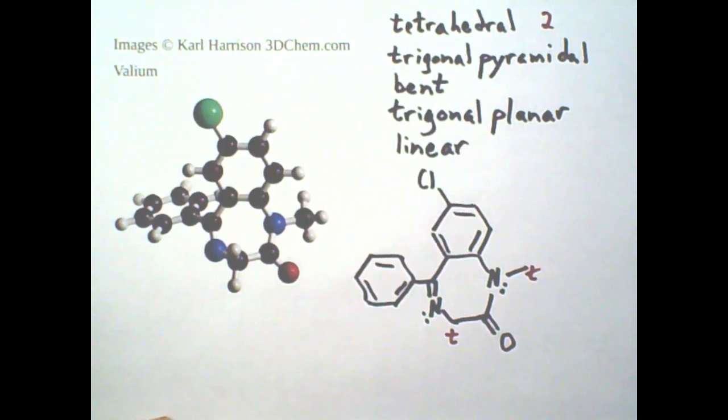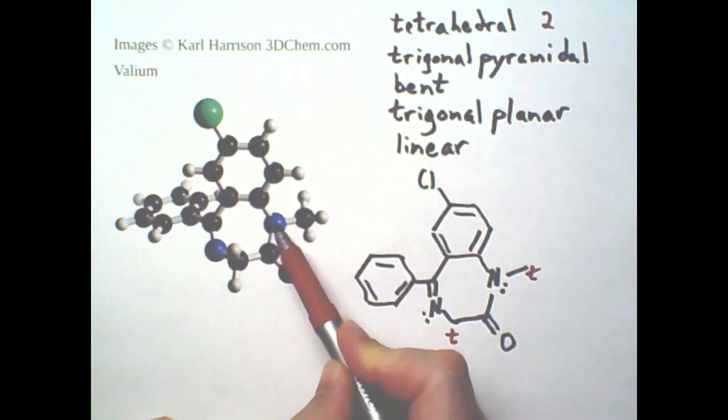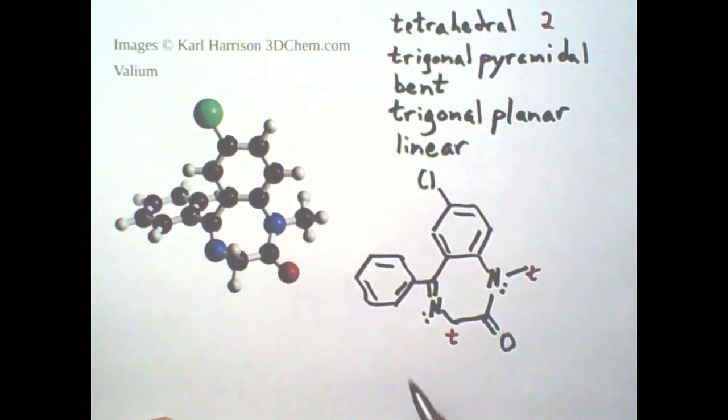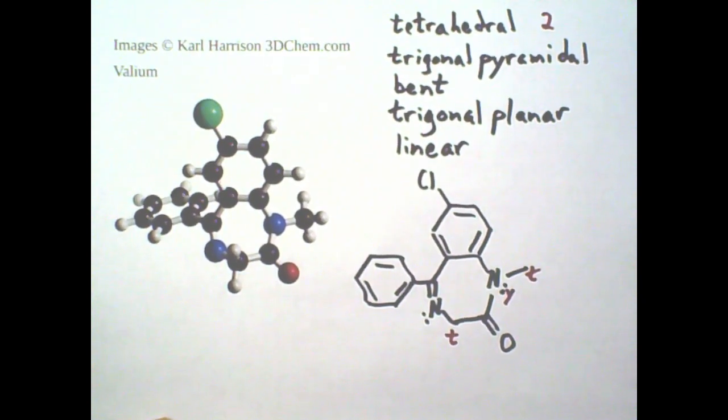Okay, trigonal pyramidal. We saw those with nitrogen when it had three things attached and a lone pair. There's 1, 2, 3, so it's got to have a lone pair because it has no charge. This nitrogen's going to be trigonal pyramidal. We've got one of those. This nitrogen, on the other hand, only has two attached.